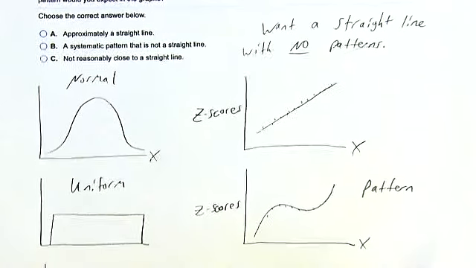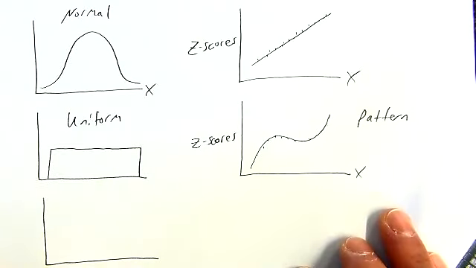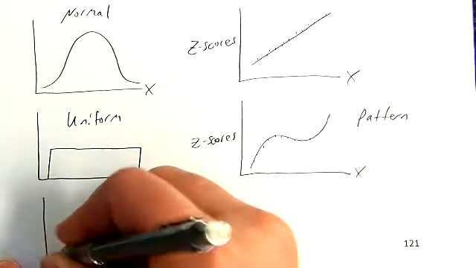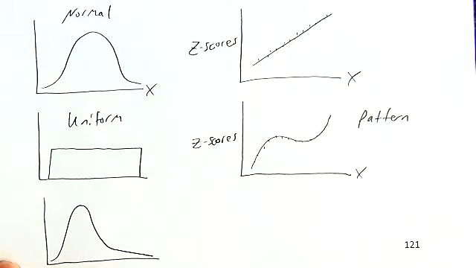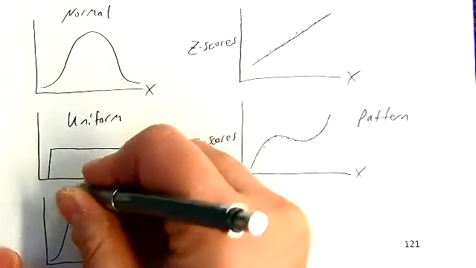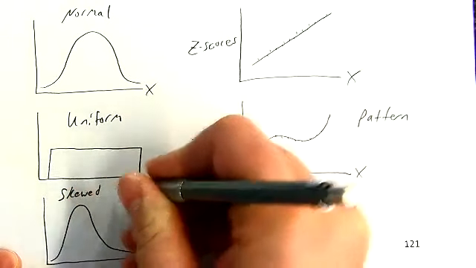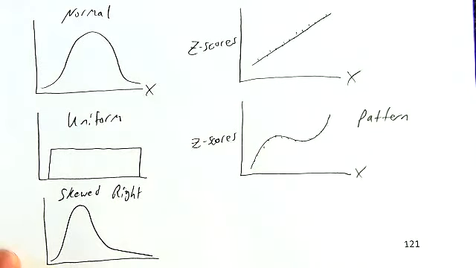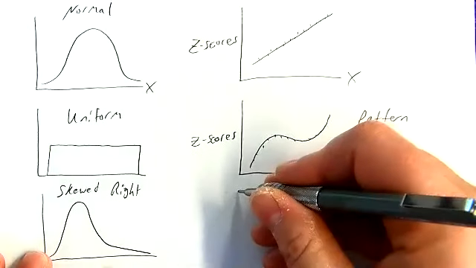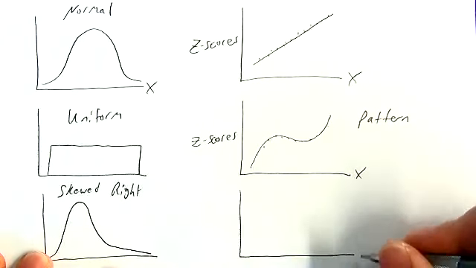Okay, let's look at one more that we might come across. If you had a skewed normal curve, and you'll recall this is skewed to the right, and I could have skewed left too, but if you have some kind of skew going on, it will look like this when you plot the normal quantile plot.